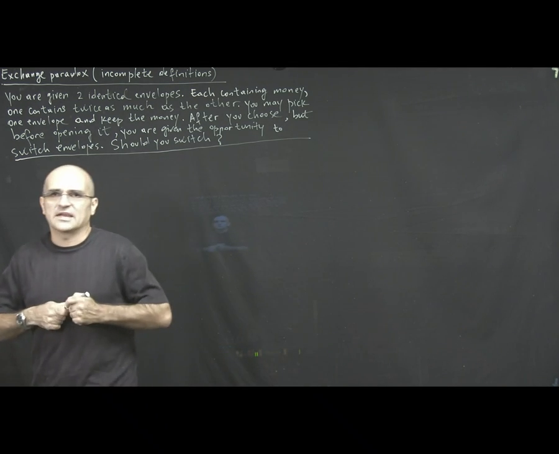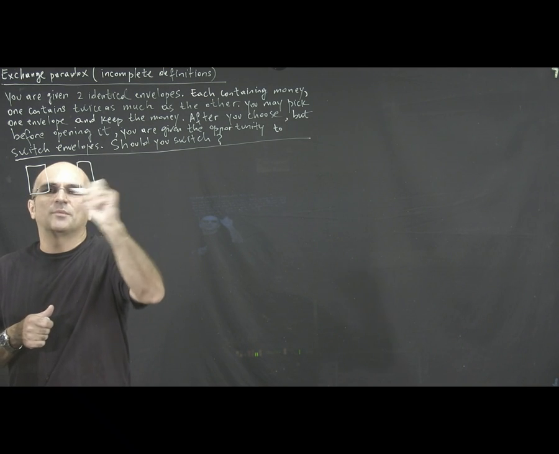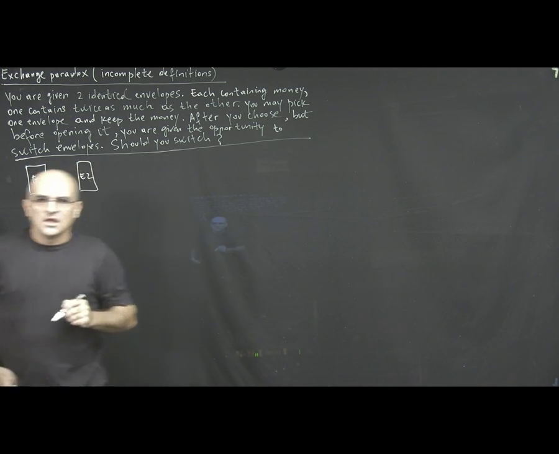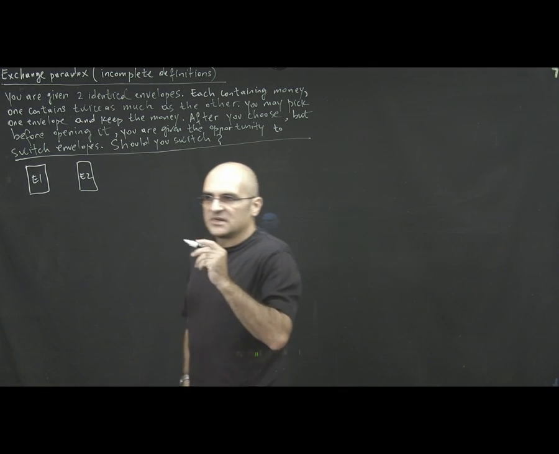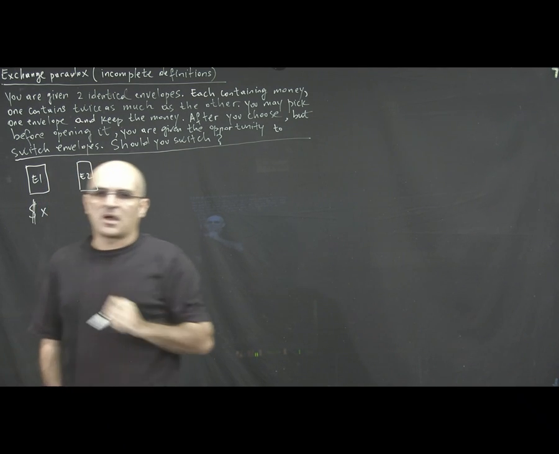Okay, so the argument goes like this. Let's represent the two envelopes by two rectangles. This is the first and the second envelope. And the argument goes like this. Suppose that the first envelope contains X amount of money.